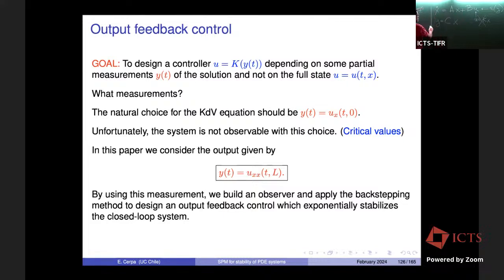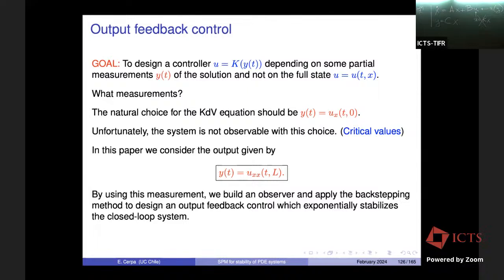And so to do that, you need the concept that Emmanuel reviewed yesterday of observability. Can you observe the system? So under two conditions: the controllability of the system, which depends on the matrices A and B, and the observability of the system depending on the matrices A and C. In finite dimension, under these two conditions, you can always build this control depending only on the output.